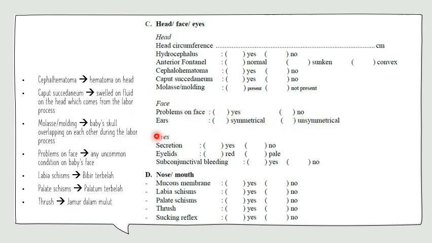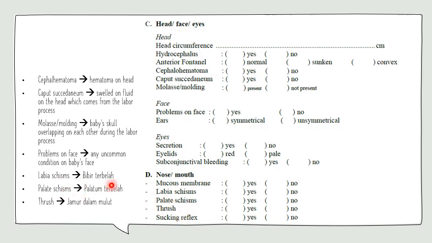How are the ears, and how are the eyes, is there any secretion, how are the eyelids, is there any subconjunctival bleeding. And then how are the mouth and nose, how is the mucous membrane, is there any labioschisis or palatoschisis, or even any thrush inside the mouth.